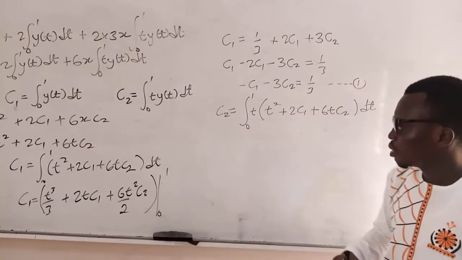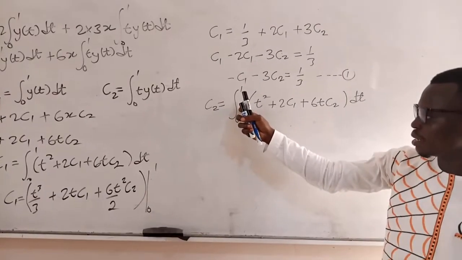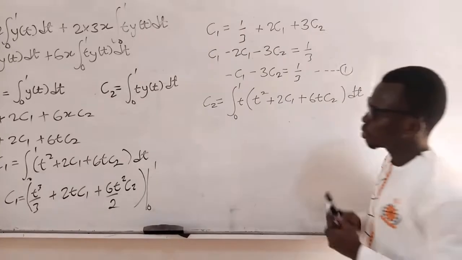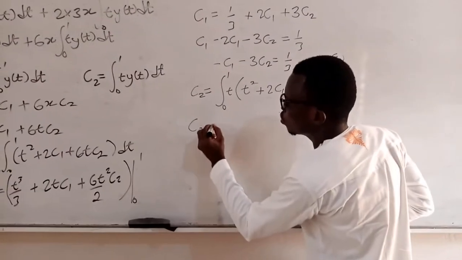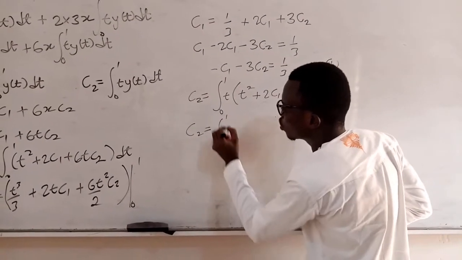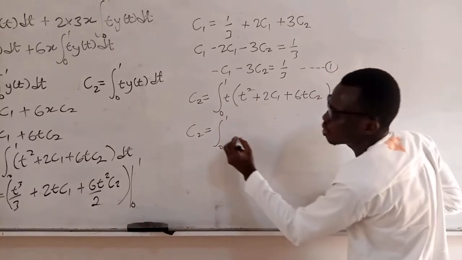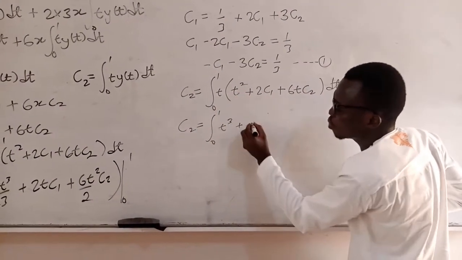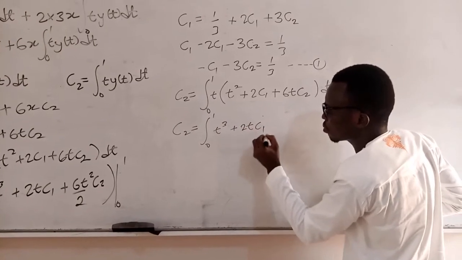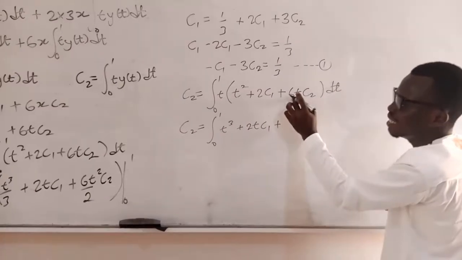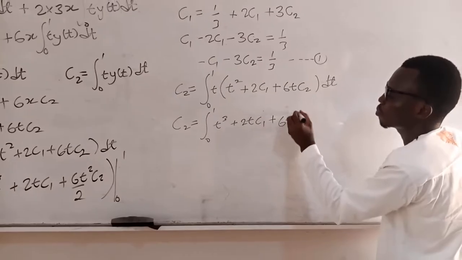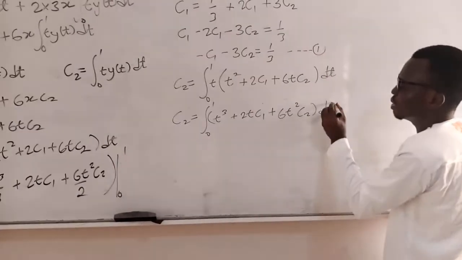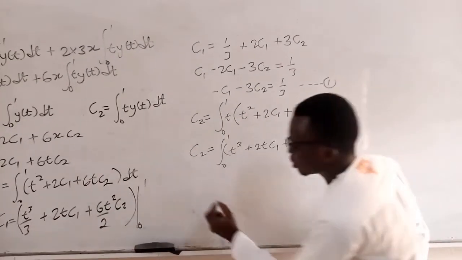Now let's multiply the t by each of the terms in the bracket. I'm going to have c2 equal to the integral from 0 to 1 of t cubed plus 2t c1 plus 6t squared c2 dt. Now let's integrate.